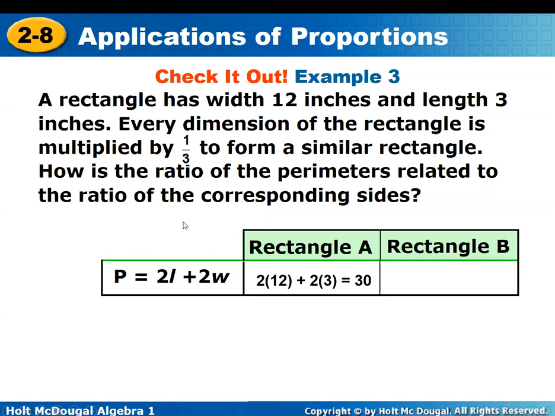Can anyone tell me what the new dimensions are? I have the first was 12 and the second was 3. So the new dimensions will be 4 and what? 0.75.